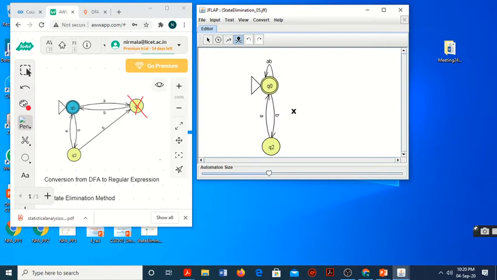But we have to represent the transition from Q2 to Q1 on B also with the remaining states. Now when we consider this path Q2 to Q1, again in order to reach Q0 it has to go through B. Therefore, this path of Q2 to Q1 and Q1 to Q0 can be represented in this diagram as Q2 to Q0 with BB.